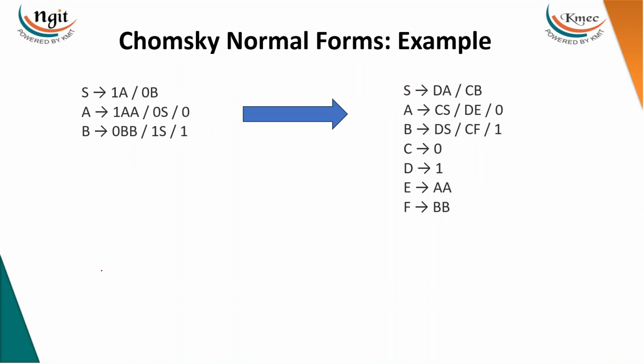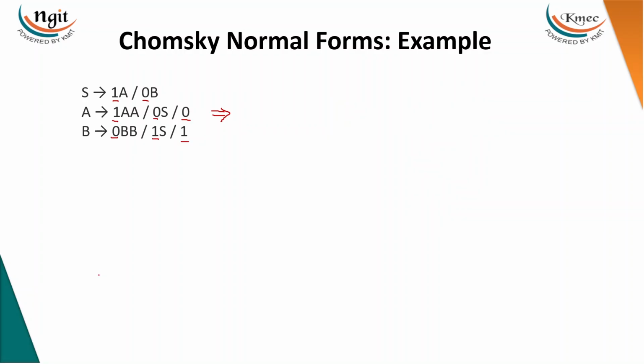Let me take a different one because it is the same kind. Let me go with a different kind of problem. Let me write here. For example, S tends to AABB, or you can take BBB, something.